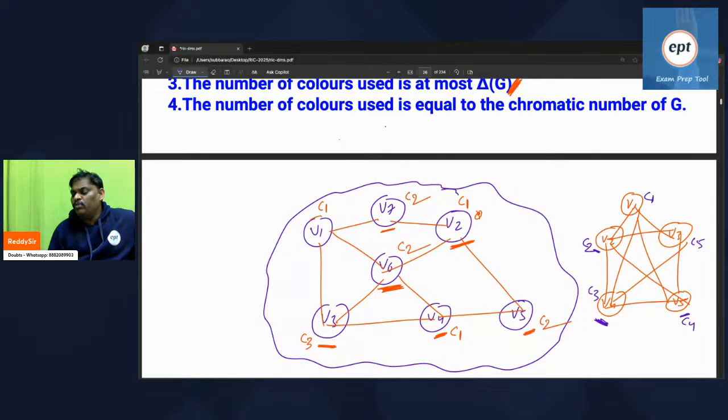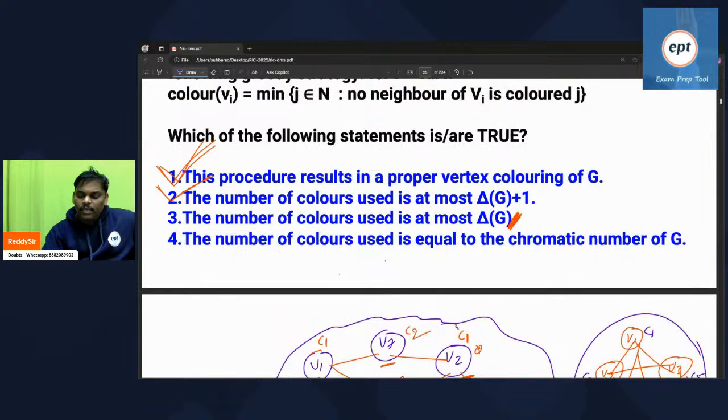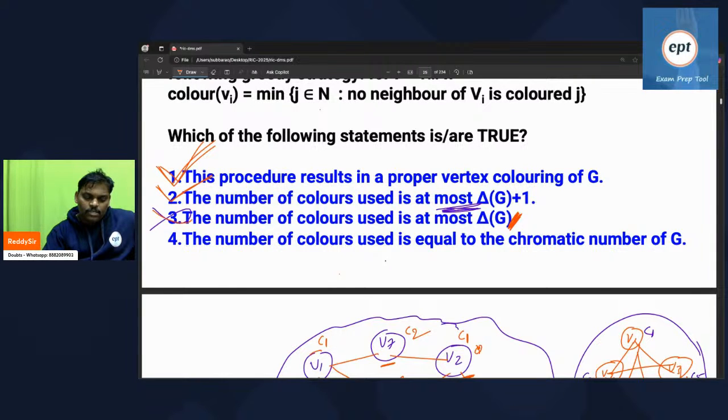Maximum degree is 4, and I have to give 5 colors. Using this algorithm, if the maximum degree is delta G, I need delta G plus 1. So not delta G. Option C is wrong. Next one.